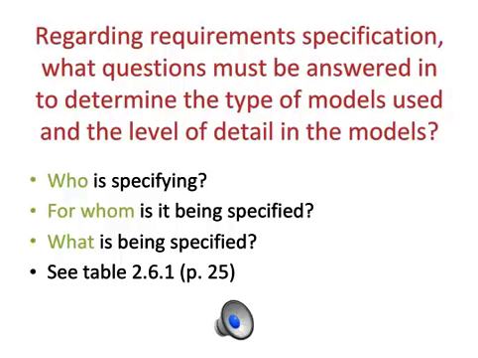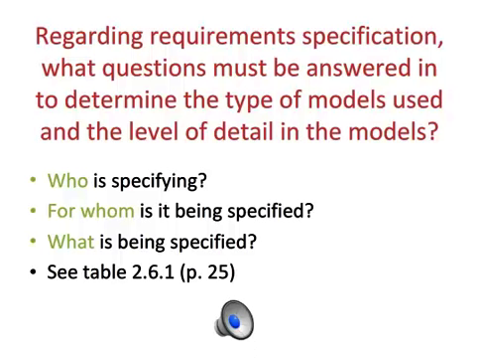We can specify requirements at various levels of detail. Requirements can be very detailed or they can be at a higher level. And when you are determining the level of detail to use to represent those requirements in order to specify them, you have to consider who you are specifying the models for and what is being specified.